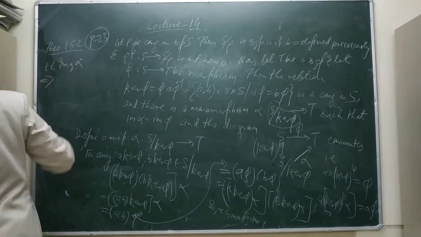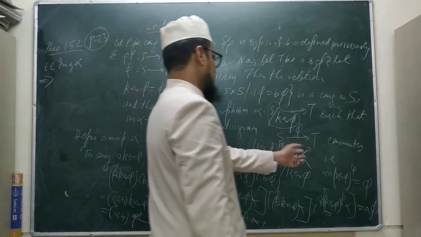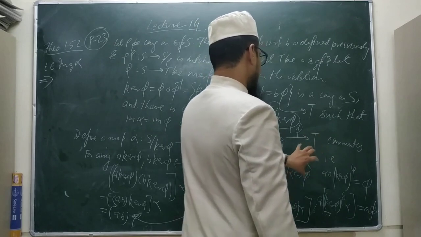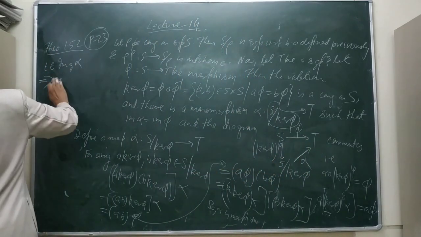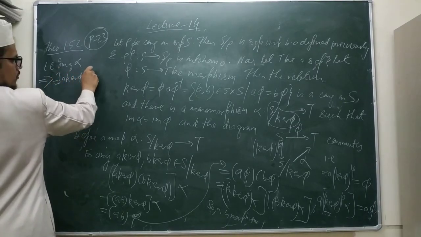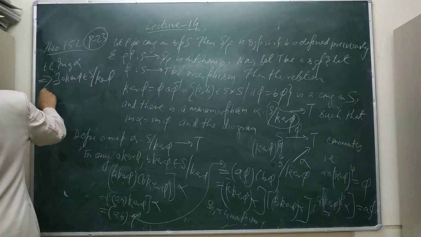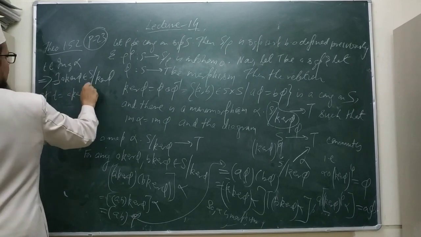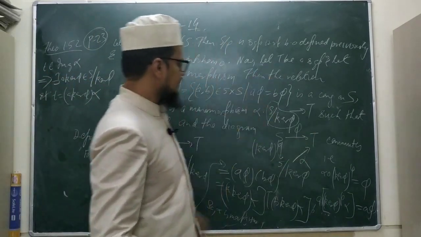It implies there exists a kernel phi belonging to S by kernel phi such that t is equal to a kernel phi alpha, because alpha is a map from S by kernel phi to T.